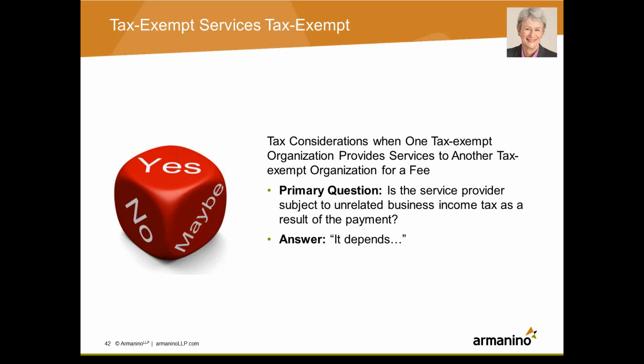So let me repeat that. A regularly carried on business activity is related if the activity contributes importantly to the accomplishment of the organization's exempt purpose. In other words, the business activity must have a substantial causal connection with the achievement of an organization's exempt purpose.